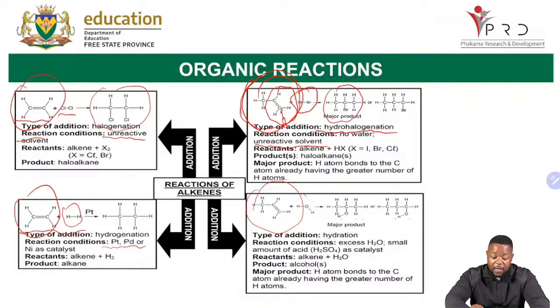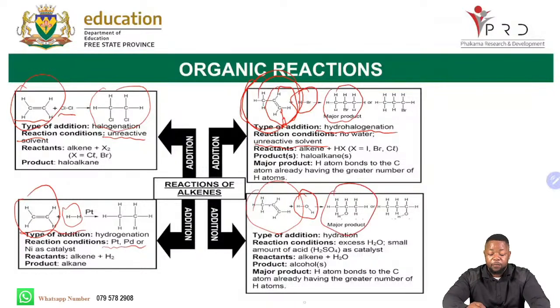Then we go to the last one, the addition of water to an unsaturated organic compound. That rule again still holds. The hydrogen will go to the carbon that already has more hydrogens. Therefore, if you check between the first and second, the first carbon has more hydrogens, therefore should receive the hydrogen, and the second carbon will receive the OH.